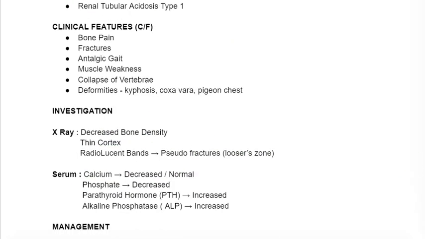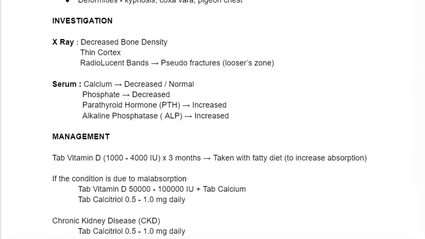Now in adults, what will be the investigation? We'll take an X-ray, where we can see some signs. First and foremost will be decreased bone density, then a thin cortex, and then radiolucent bands, which are pseudofractures, also known as Looser's zones.